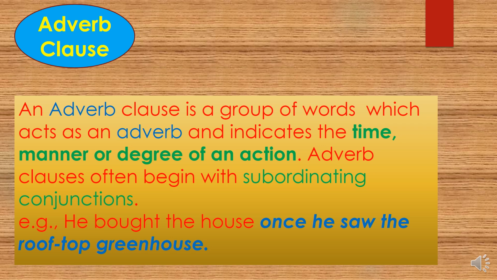All the words which are subordinating conjunctions are used before the adverb clause. So wherever we are using words like once, before, after, since, until, unless, whether, although, wherever, because, then it is the adverb clause, because it tells us about the degree of the action.